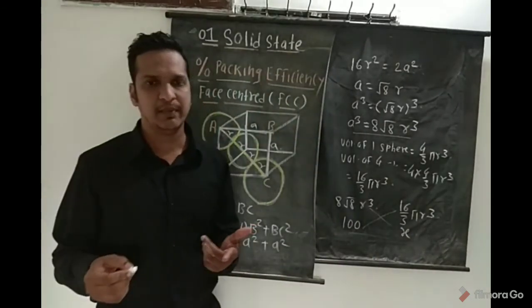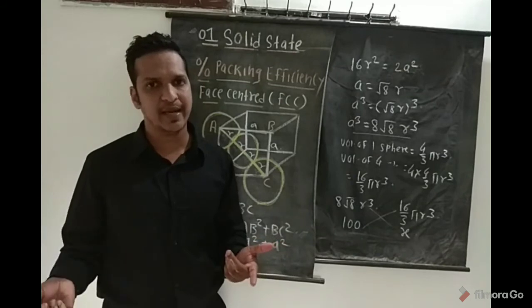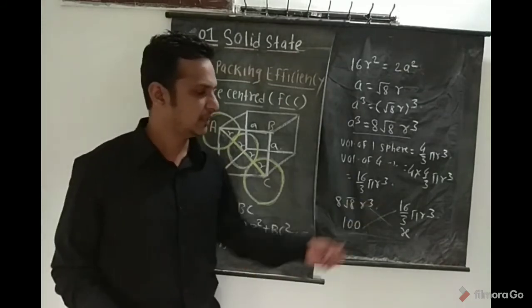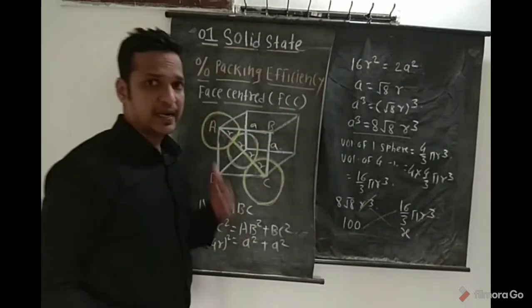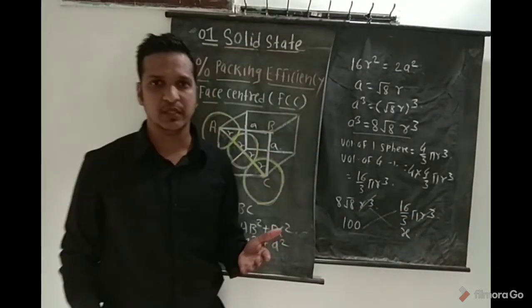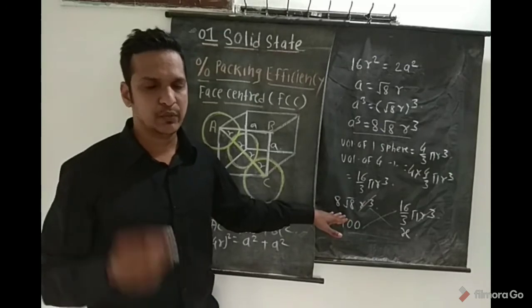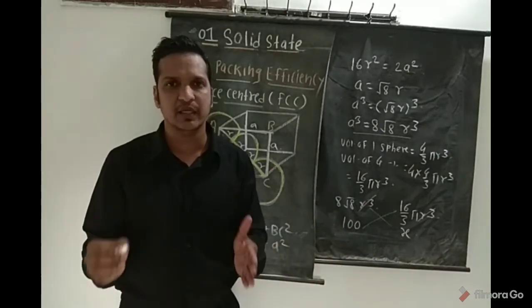During cross multiplication r cube gets cancelled, and when you solve this you will get x is equal to 74%.